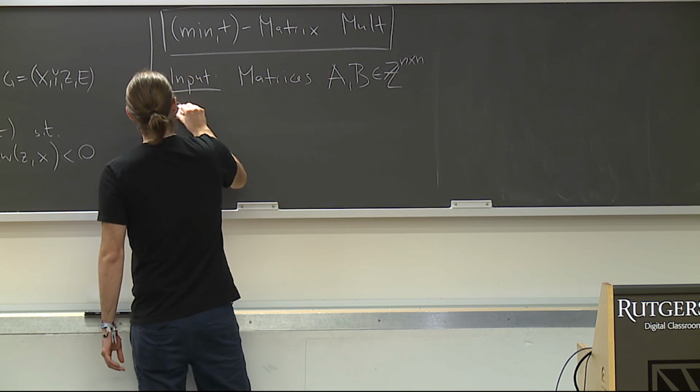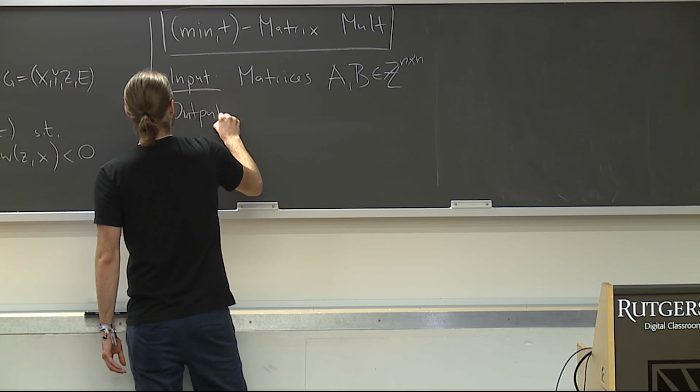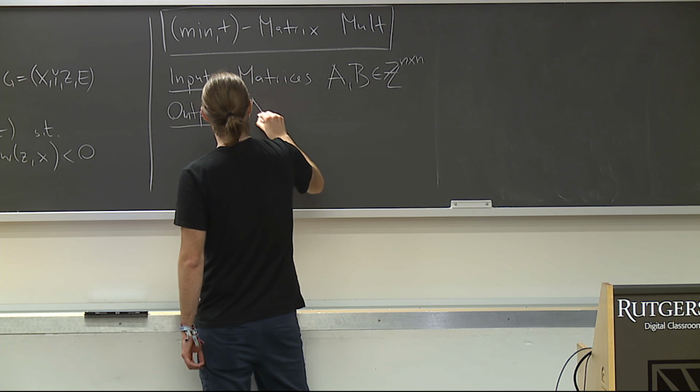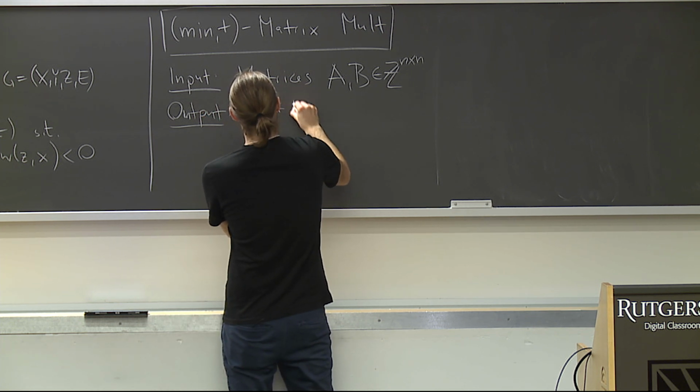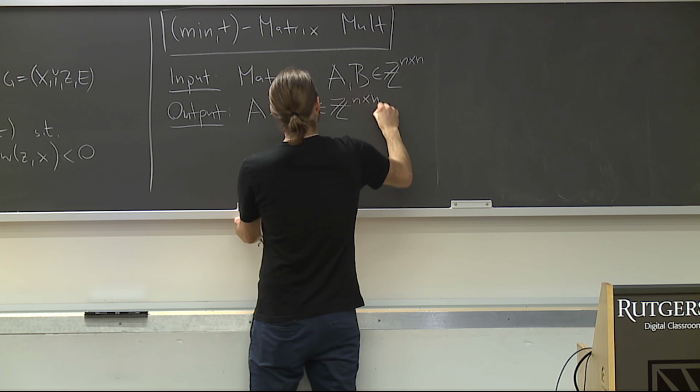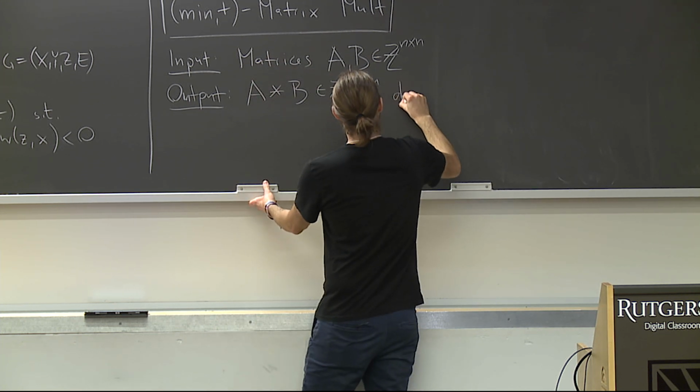And the output is a third special matrix product. It's the one, let me write it like this, A star B, which is defined as follows.